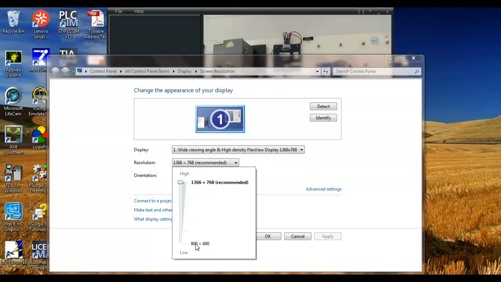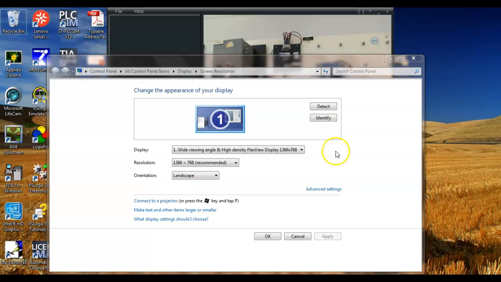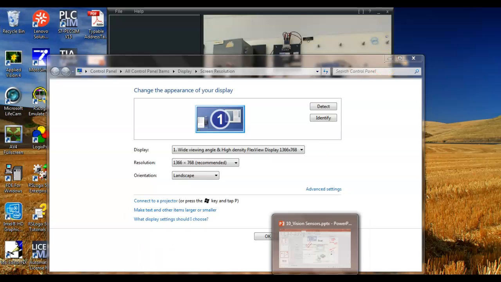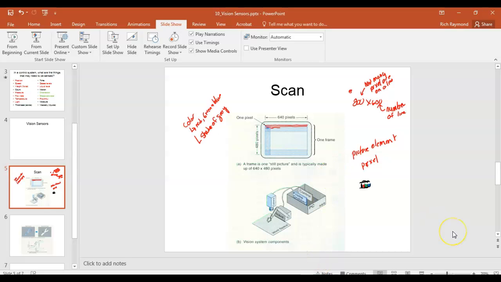But what they're doing is taking these individual little triads, as we call them, and grouping them into squares. These squares are what we call a pixel. So a triad would be one of these: a red, green, and blue.